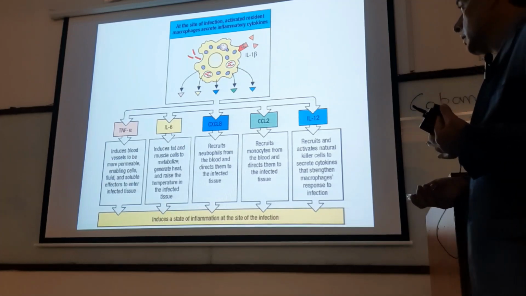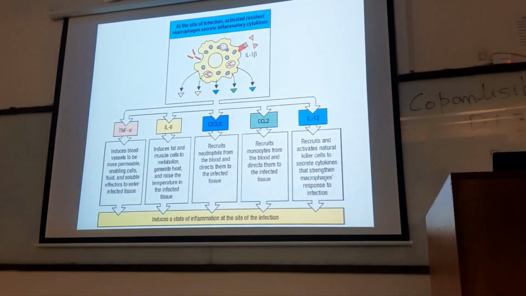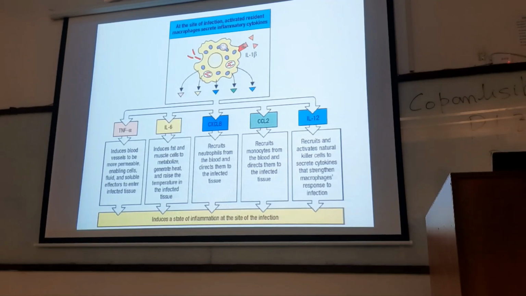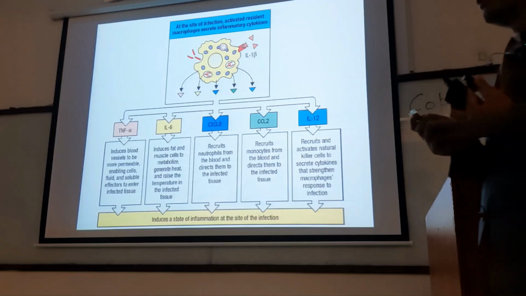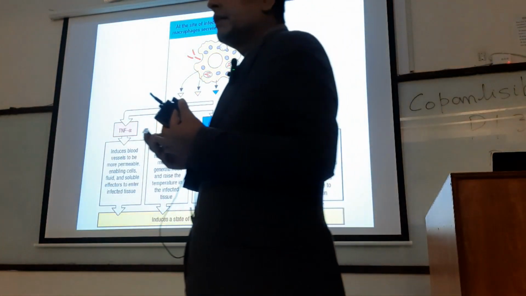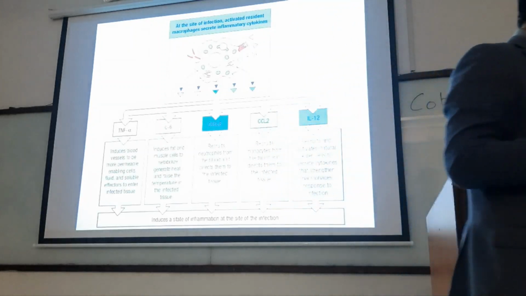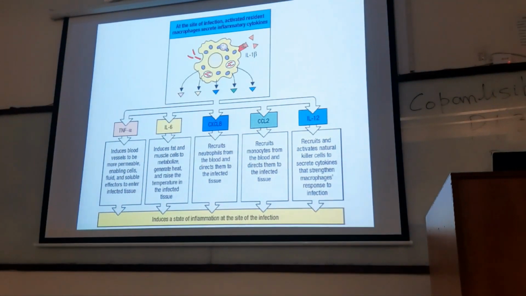Another chemoattractant cytokine is CCL2, and this recruits monocytes from the blood and directs them to the infected tissues. About the tissue-resident macrophages, the macrophages are present there inside the tissues.